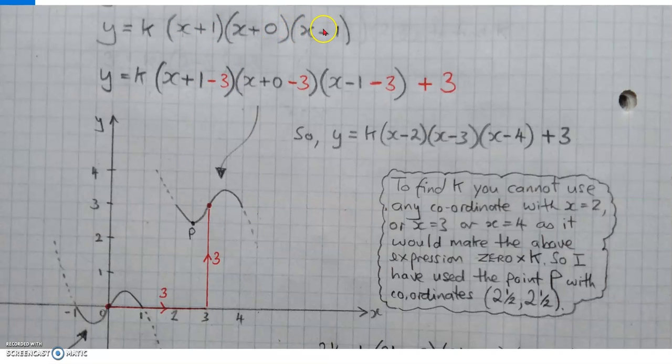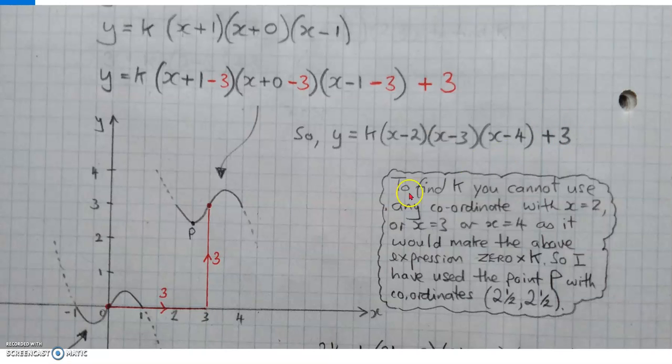So this x + 1 has to have a minus 3, this one here has to have a minus 3, and this one here has to have a minus 3. But don't forget that on the end you've got to have a plus 3 because it was shifted up 3 units. So when you do that, this becomes x - 2, this becomes x - 3, and this one here becomes x - 4, with the plus 3 at the end.